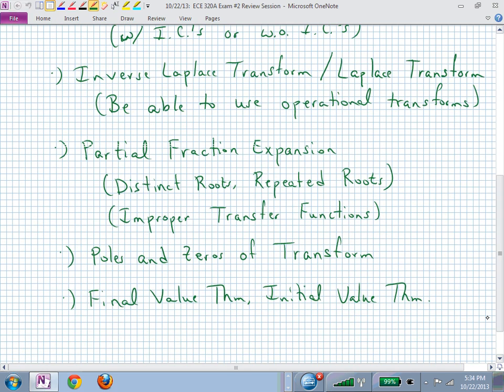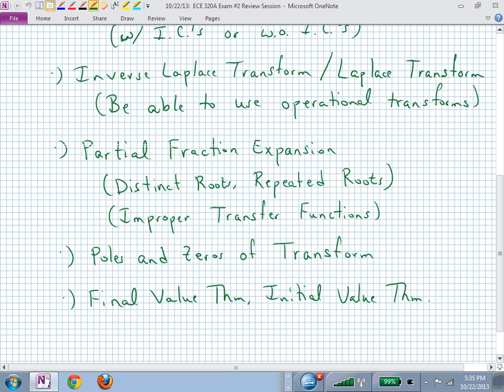With respect to partial fraction expansion, you need to be able to do both cases with distinct roots and repeated roots, and you need to make sure that before you get too far into it that you've made the numerator polynomial strictly less than the denominator polynomial.